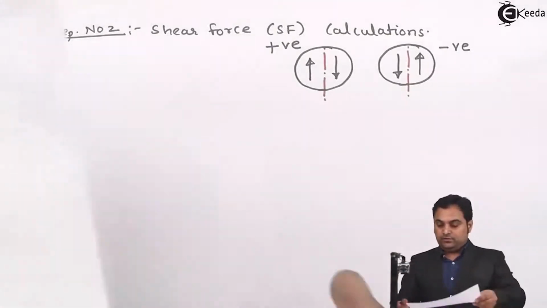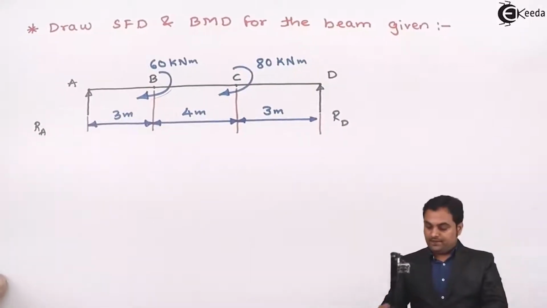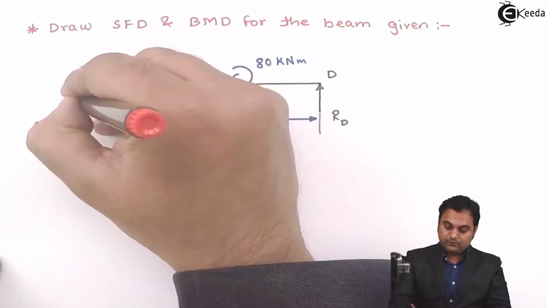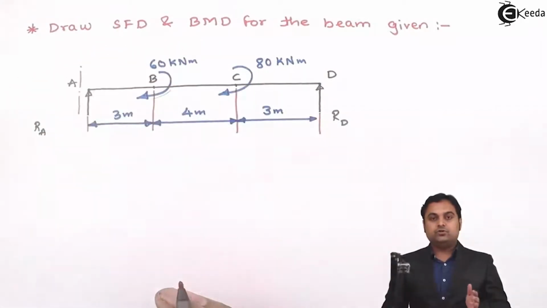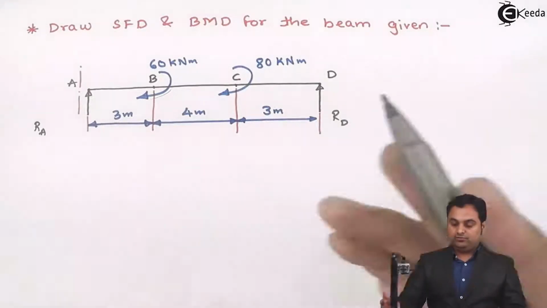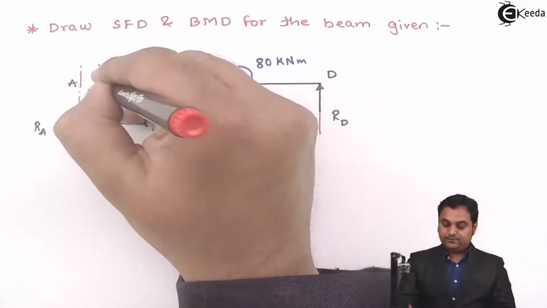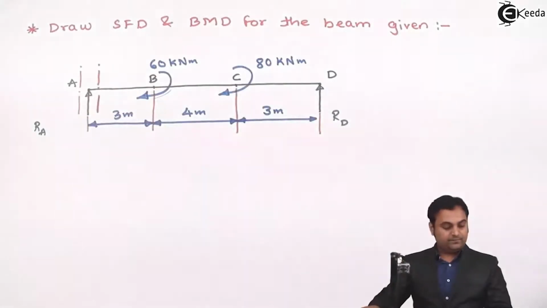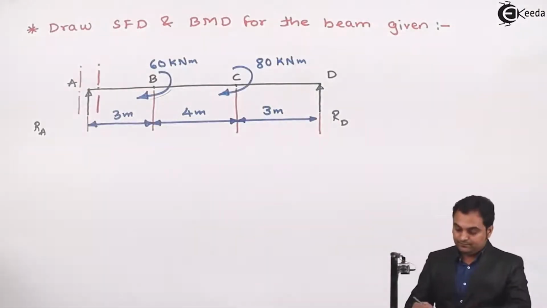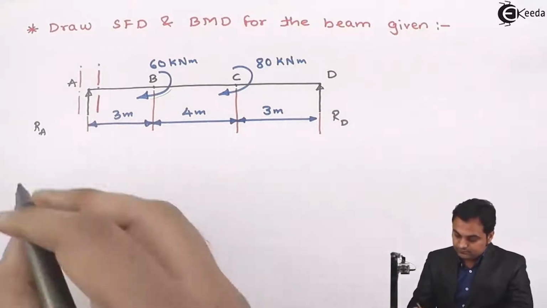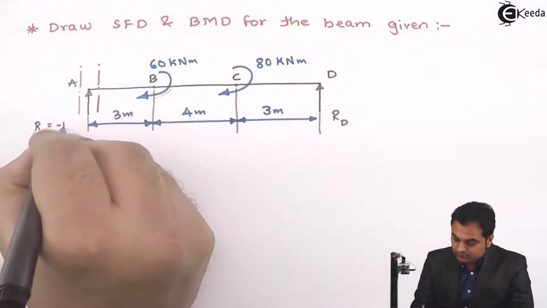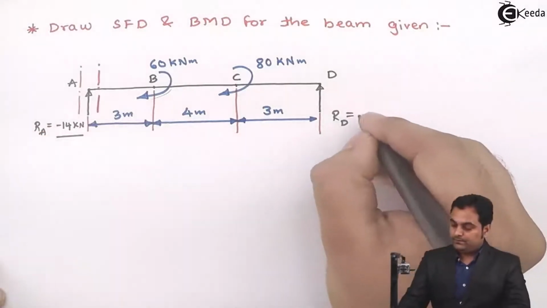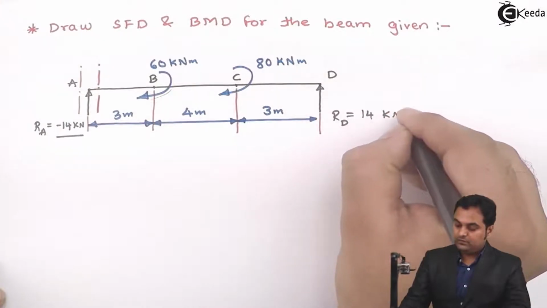Now, if I look at this beam, when the section is to the left of A, there are no forces on the left of A, so the value of shear force will be 0. But if I take the section to the right of A, the Ra value is there. It is minus 14 kilonewton.